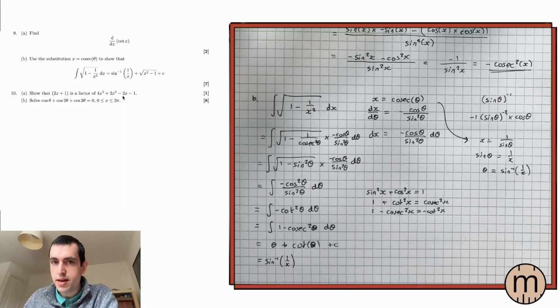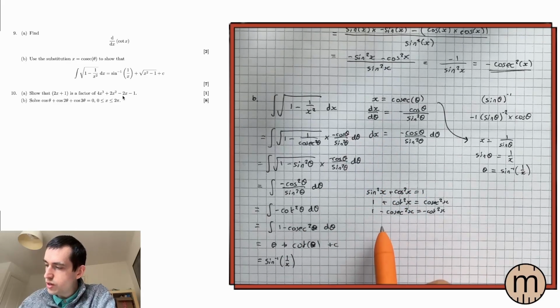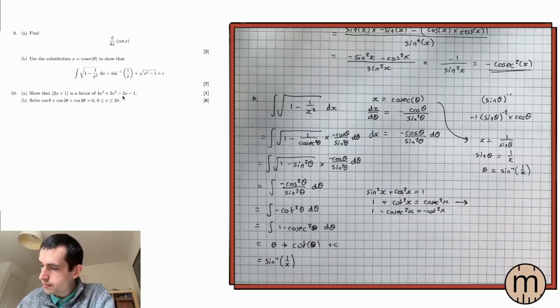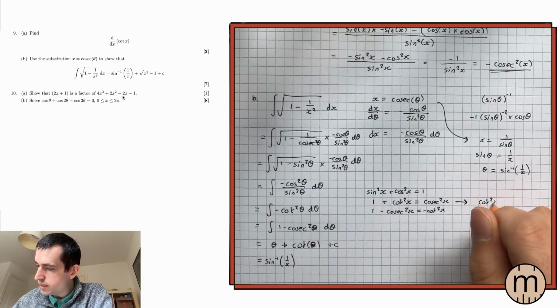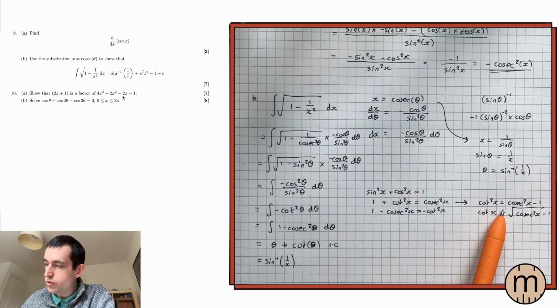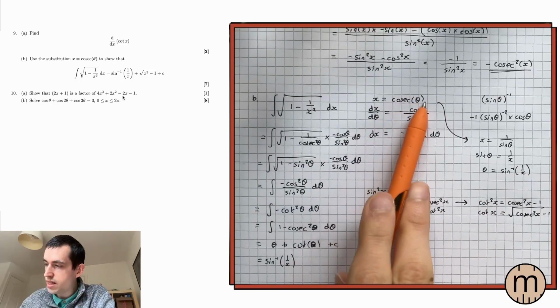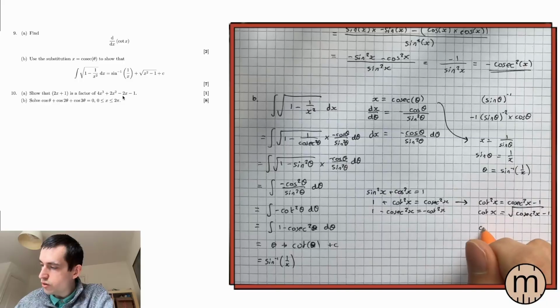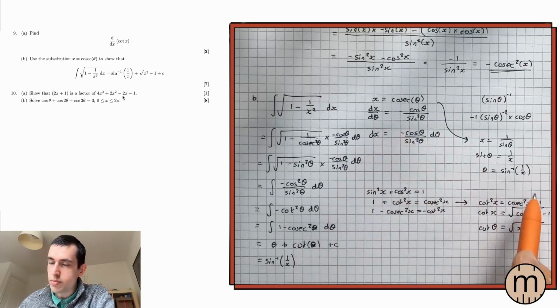Cot theta is maybe a bit harder to get. So in order to get cot theta in terms of cosec theta, we want to use this identity. So if we take this line here and we subtract 1 from both sides like this, and then square root both sides like this, then we can use the fact that x is equal to cosec theta to say that cot of theta is the square root of x squared minus 1.